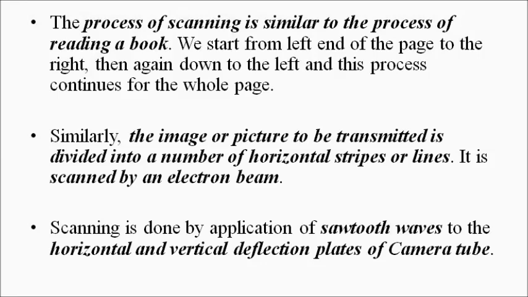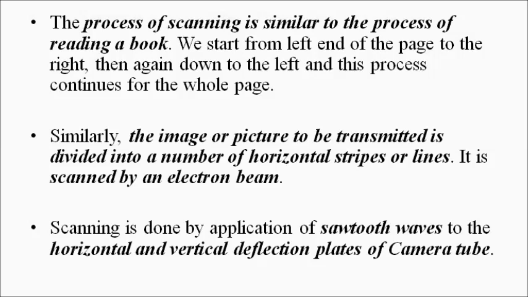Then we go one line down, again from left to right, again one line down, left to right, and gradually move from top to bottom, extreme right. That completes reading one page of the book. Line by line, from left to right, we move from top to bottom. So scanning is also like that.